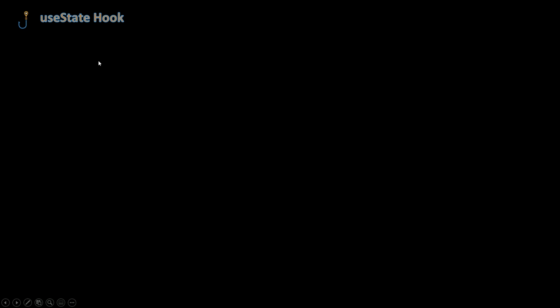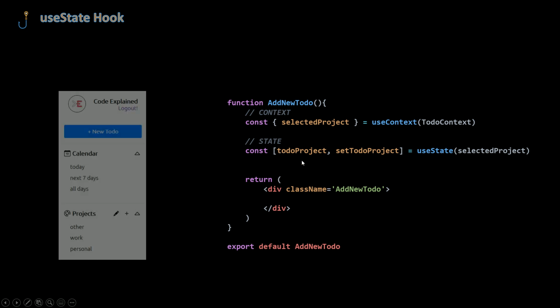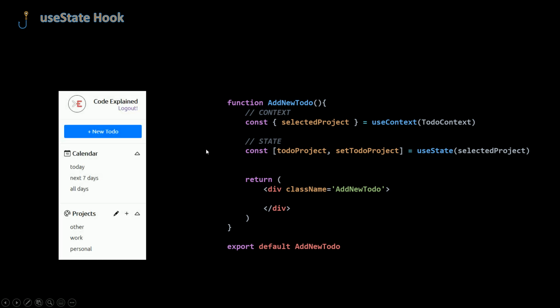So to fix the issue, we need to talk about our useState hook. So we have our AddNewTodo component. We get our selected project using context, then we created some state for our todoProject. Now when the first render happens, when we load our app for the very first time, we set our selected project to today.